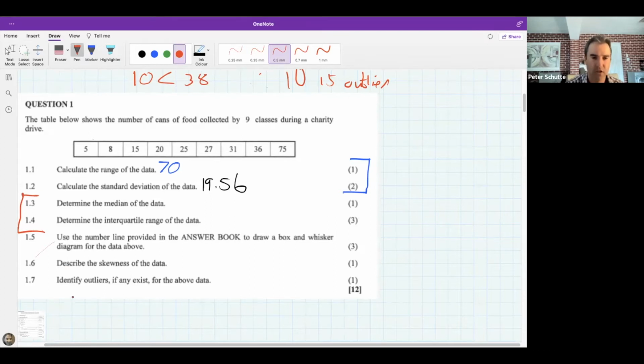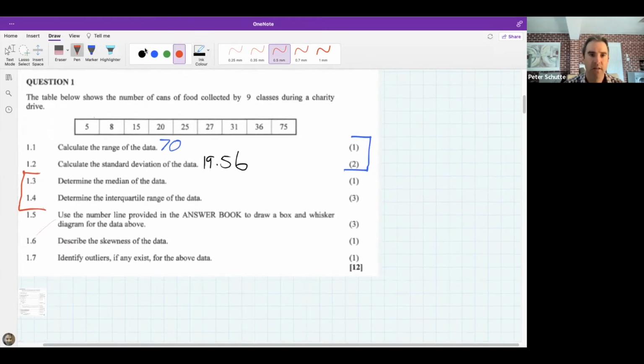So the Q1, Q2, and Q3. But how many? 5, 6, 7, 8, 9. Okay, so Q1's position will just be 9 plus 1. Oh, that should be position. Sorry, I shouldn't be saying.